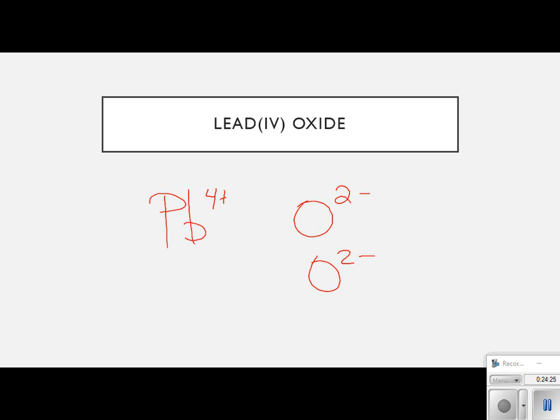So my correct formula is PbO2. Can you see how the crisscross gave me a bad answer? Crisscross is not always correct.